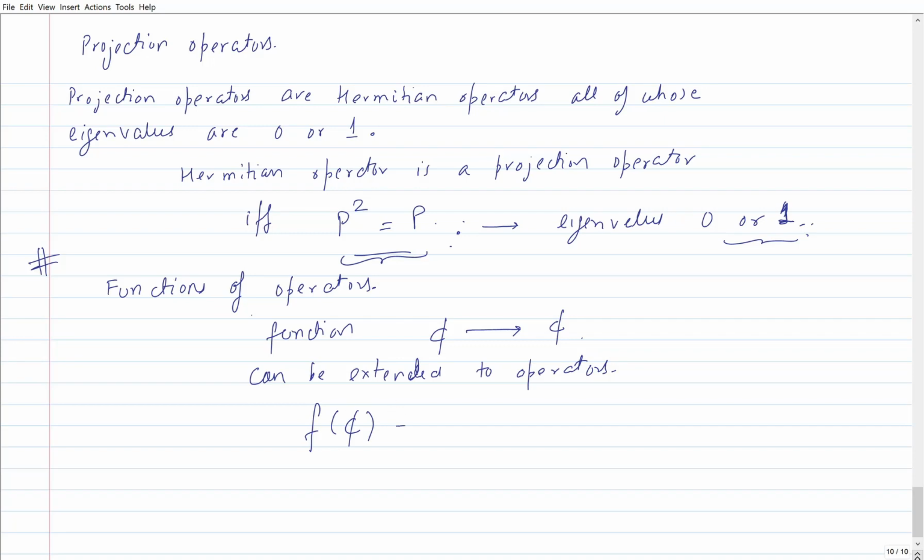I take an input and I get an output. So let's say I have a function of an operator A. I'll put the spectral decomposition of the operator A inside it, and that gives me this.